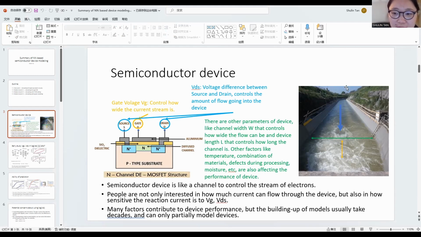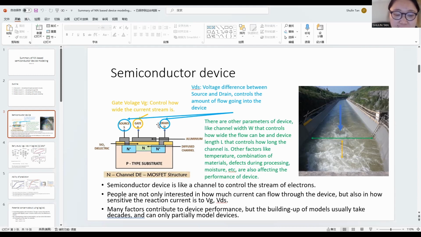And the current is like, imagine that you are controlling how much water flows into this channel. There are several parameters of semiconductors. One of the key parameters is the source voltage, which is basically how much water is coming in. That's kind of like how much you push your water from the beginning.